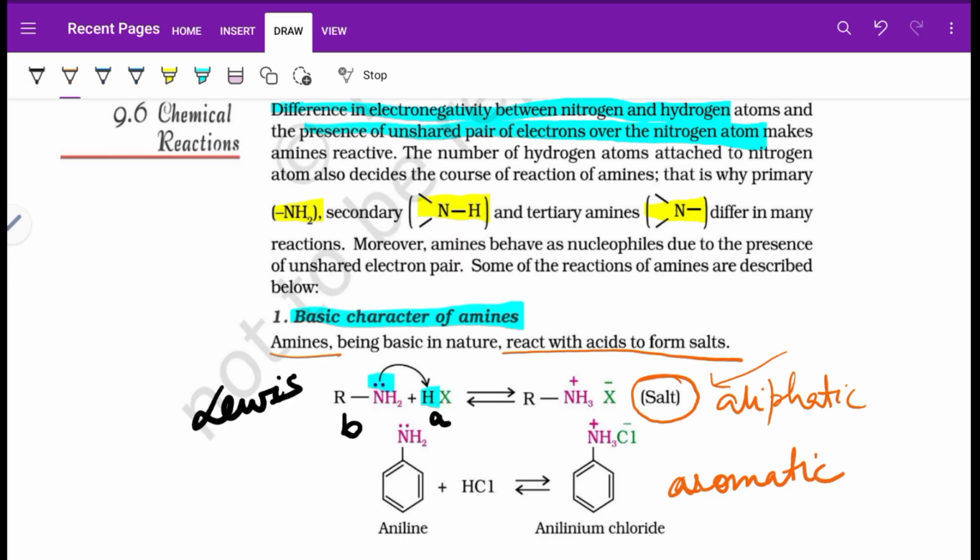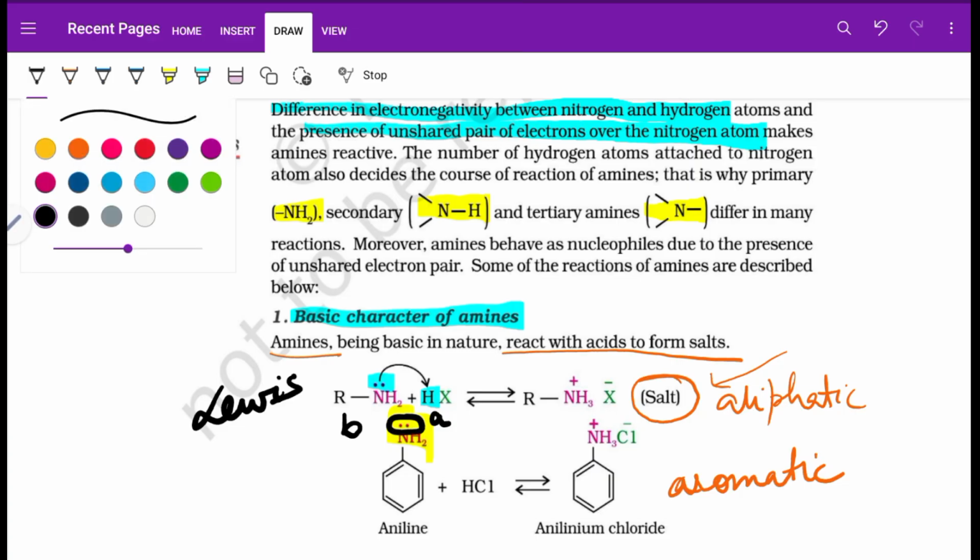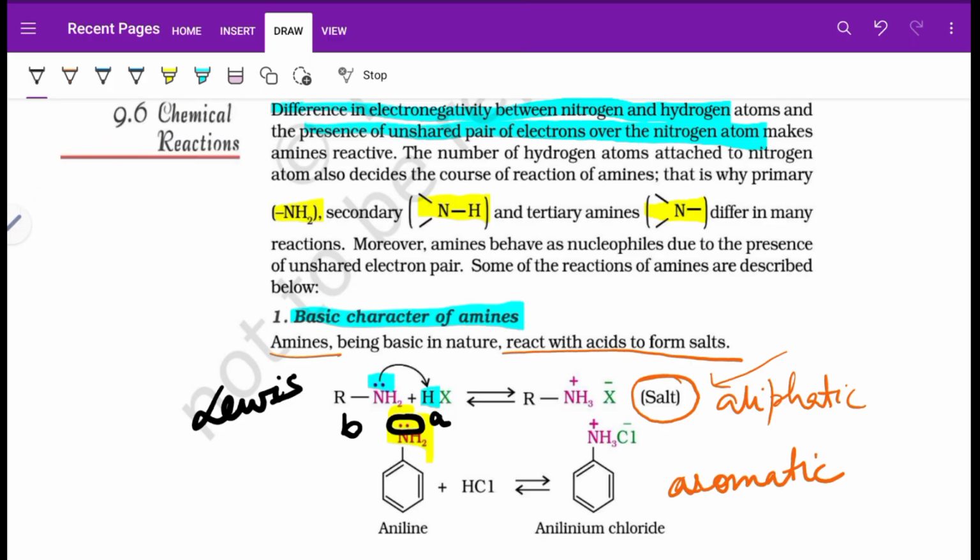So this is of aromatic amine. We can see the NH2 group is directly attached to the benzene ring, and so it is aromatic in nature. Now with this lone pair, it is capable of abstracting the acidic proton. This is the lone pair, and with this lone pair, it is capable of abstracting the proton.